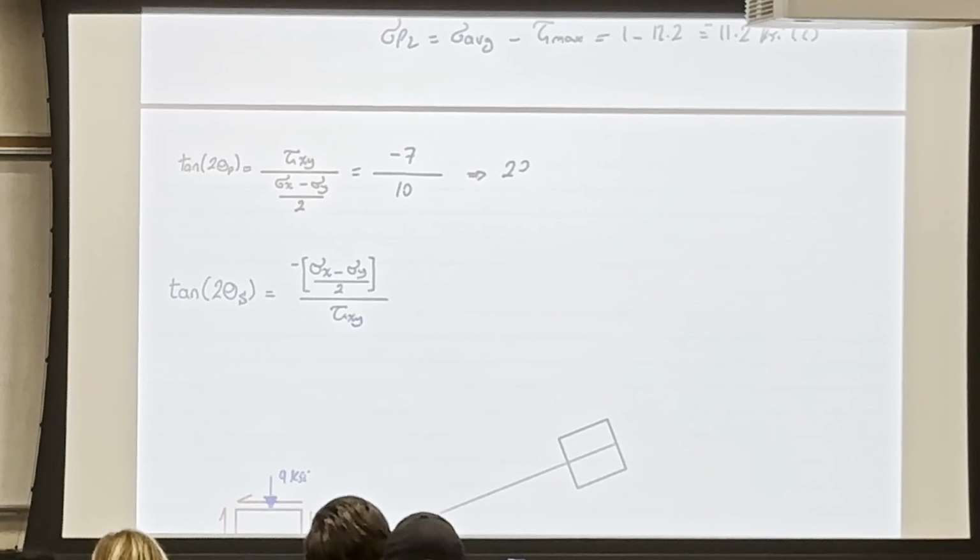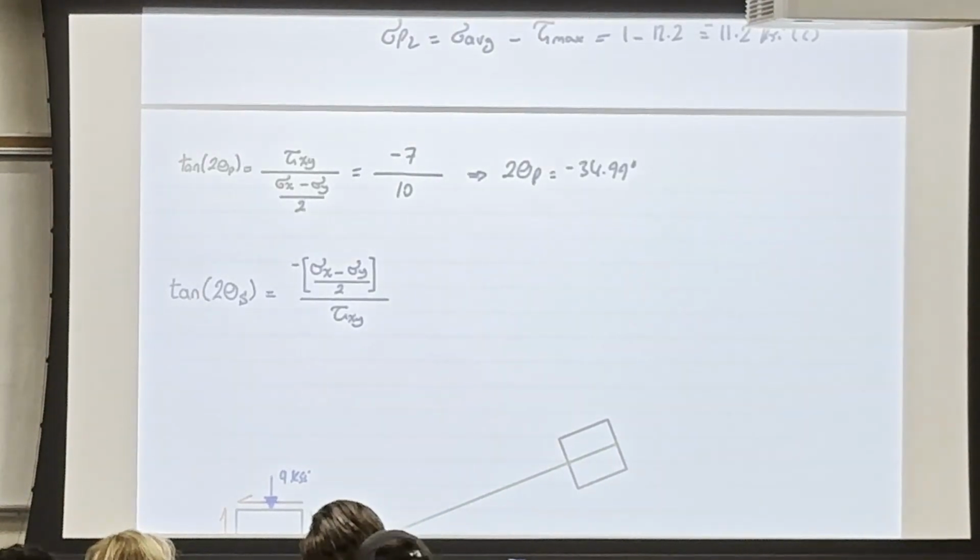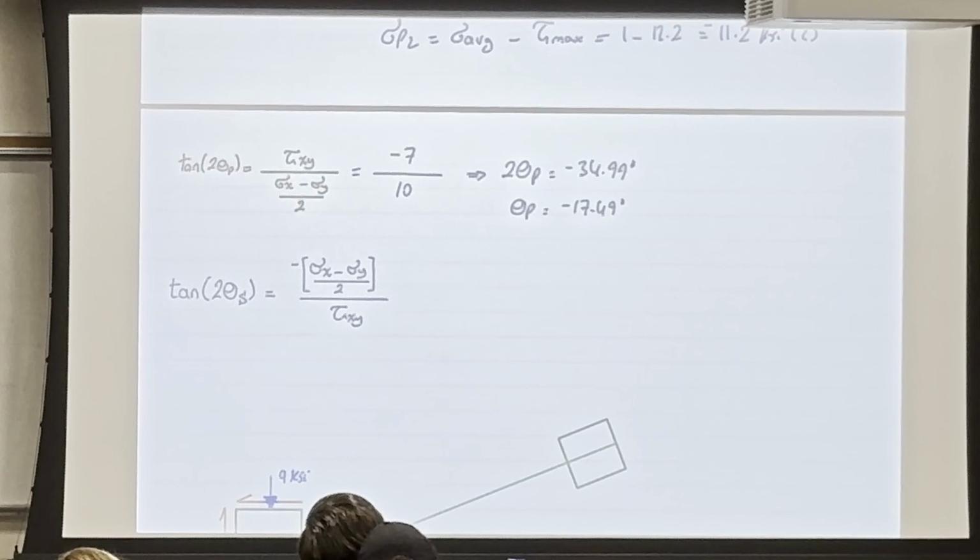Now, if you find the tan inverse of 7 over 10, you're going to find that is equal to negative 34.99 degrees. So the angle now is negative, which means if I divide it by 2, you're going to get theta p is equal to negative 17.49. Since it's negative, that means we are rotating clockwise.